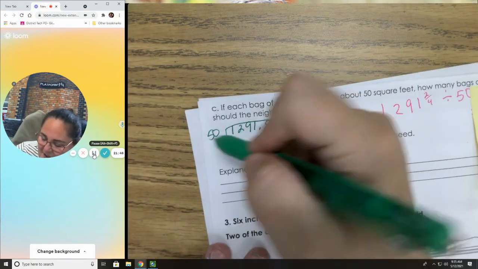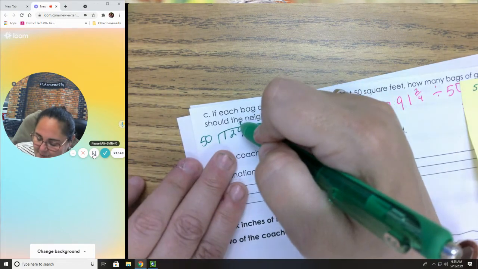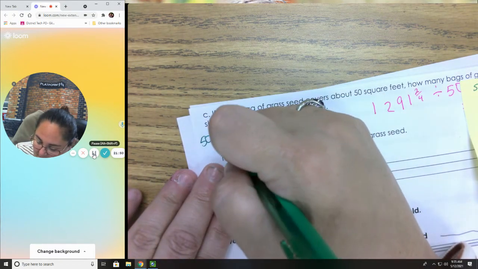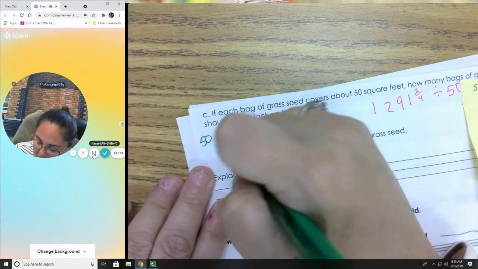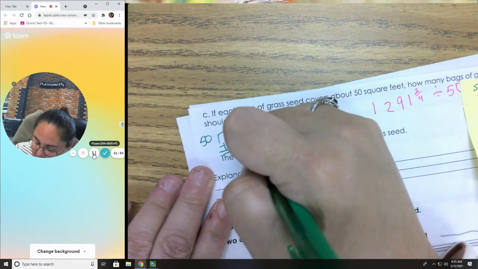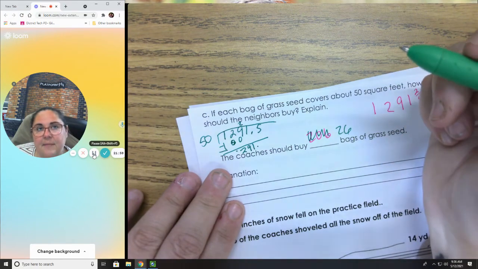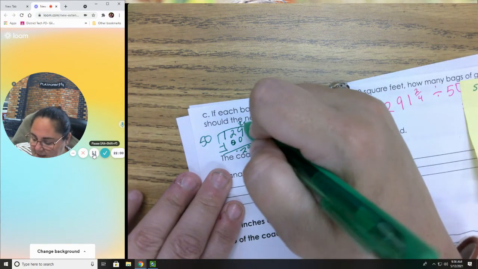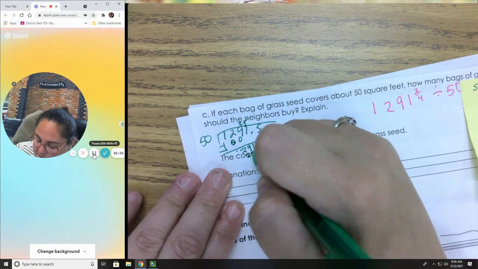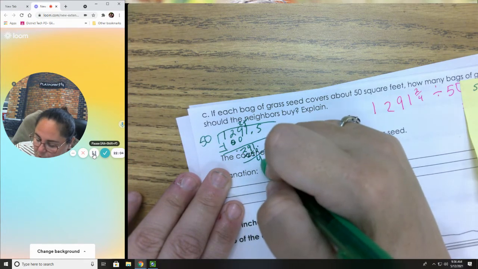Here we go. 50 goes into 1,291 25 times, with 41 left over.